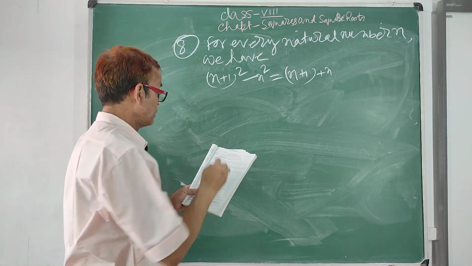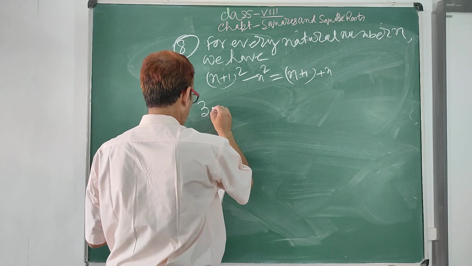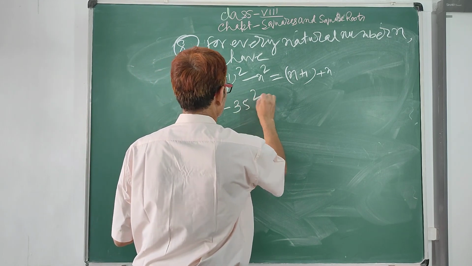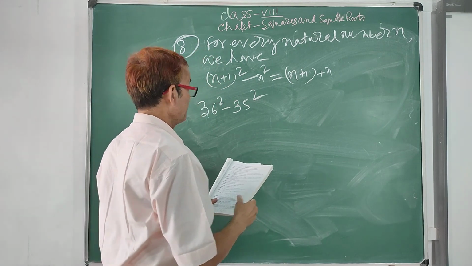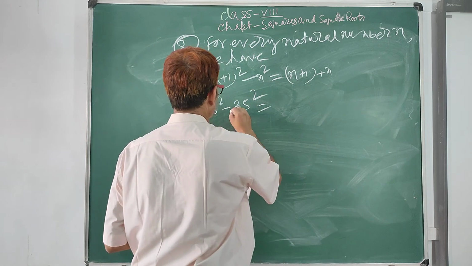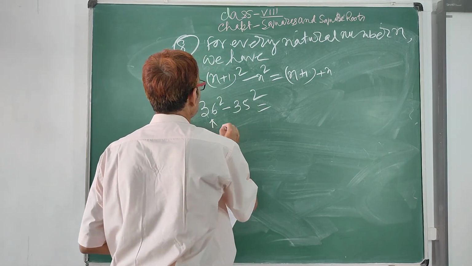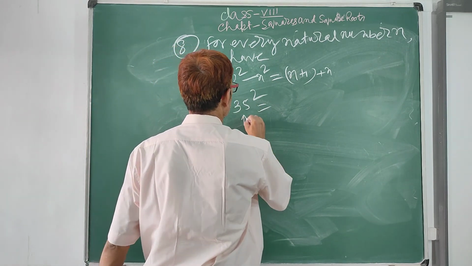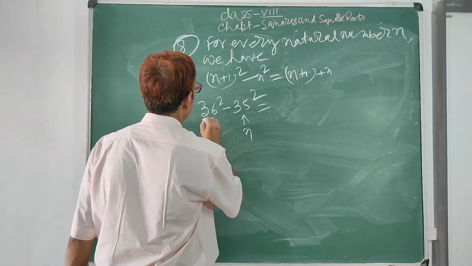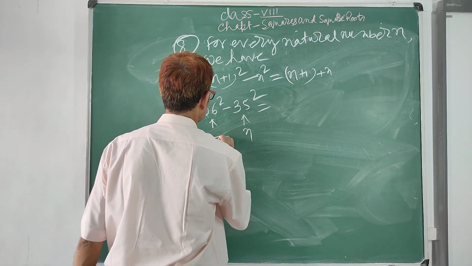For example, 36 square minus 35 square. So this result is 36 plus 35. Here 35 is n and 36 is n plus 1.